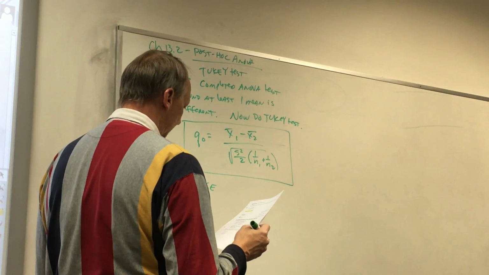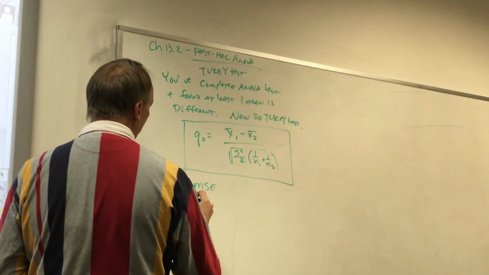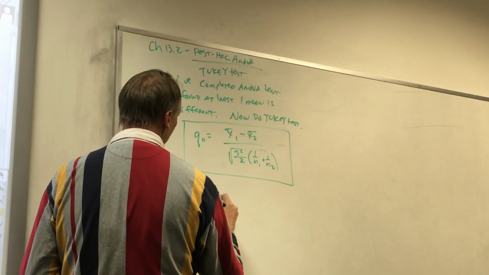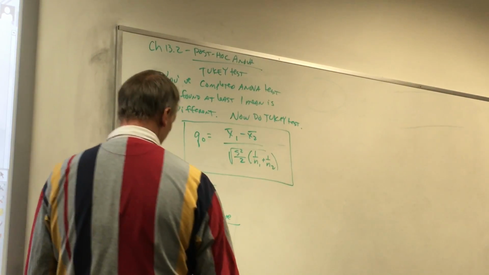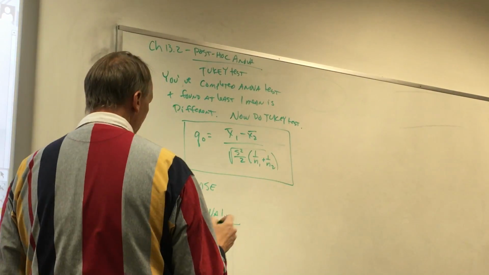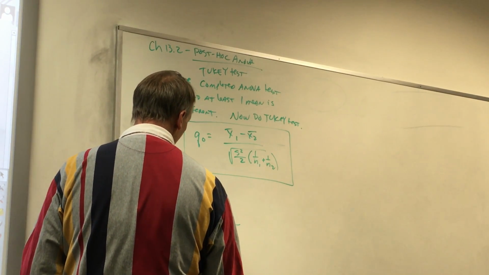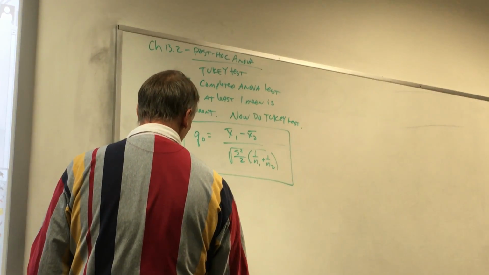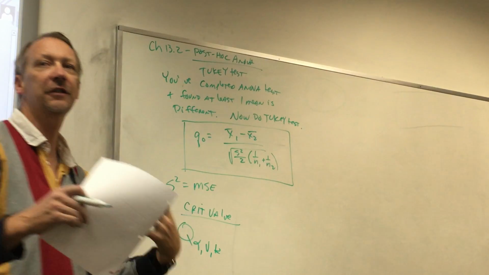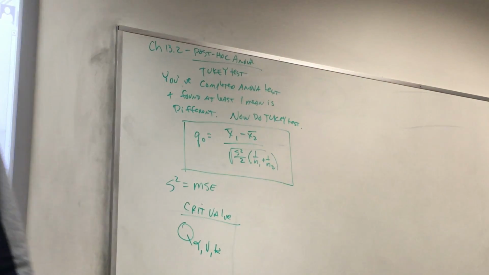Now, the other thing that you're going to want to do is figure out your critical value. Okay? So your critical value is Q of alpha, V, and K. We don't have just 2 degrees of freedom. We got to go crazy with this.